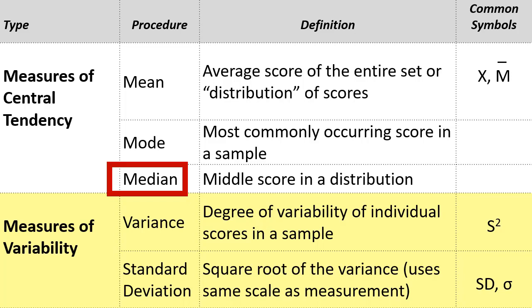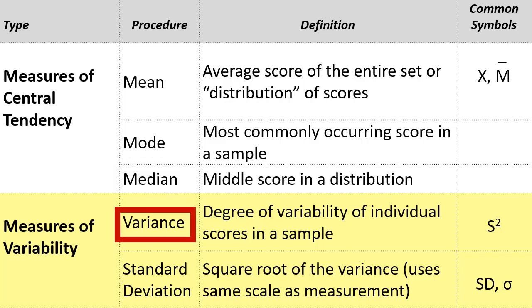So those are measures of central tendency, and mean, mode, and median are usually, in a normal natural environment, very, very similar. Sometimes they're even identical.